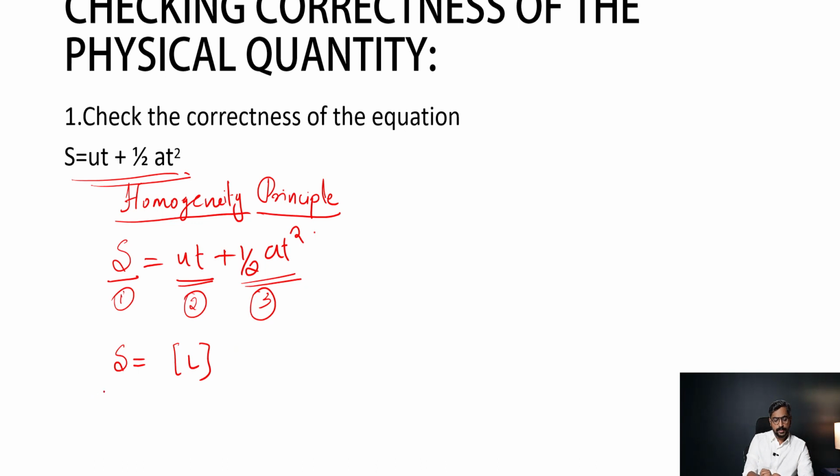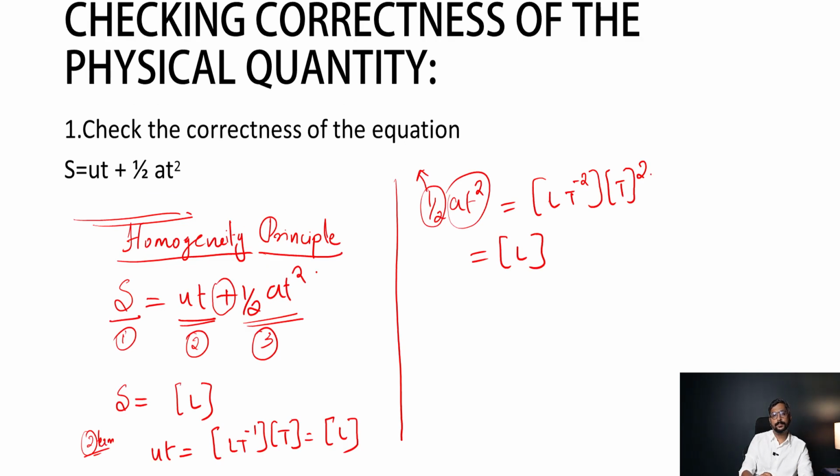Now, if I'm taking the second term, that is u t, it is L. So the second term is also the same. Now the third term, that is half at square. In dimensions, we'll not take the constant, we'll just leave the constant and check the variables here. So a means what? Acceleration. So L t raised to minus 2, t square is t square.